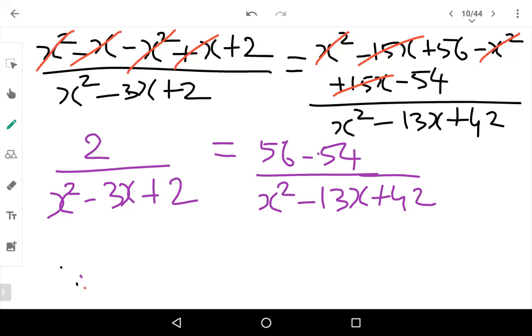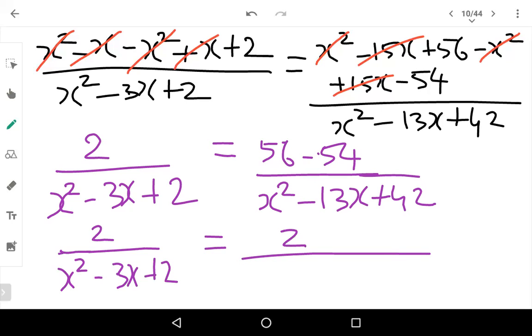Now 56 minus 54 will give me 2 again. So 2 by x square minus 3x plus 2 is equal to 2 divided by x square minus 13x plus 42.